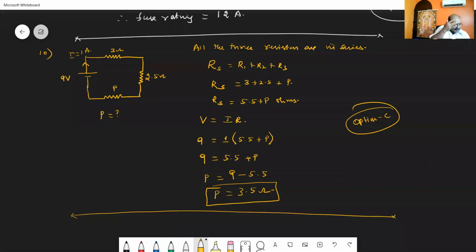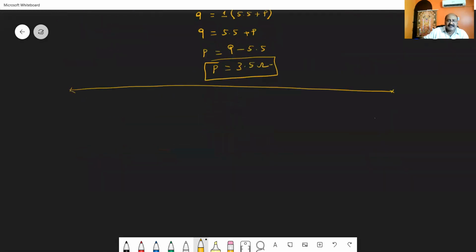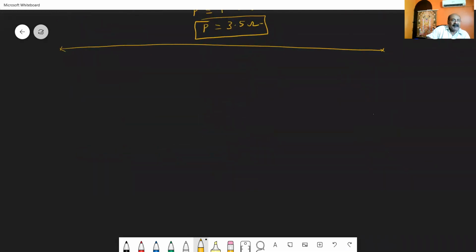Go for problem number 11. There also they have given another circuit. What is the current out of the battery? That was the question asked. In the diagram, a battery with a potential of 5 volts is taken.